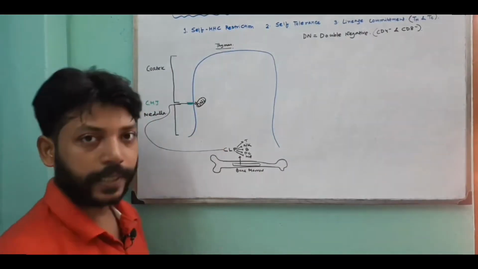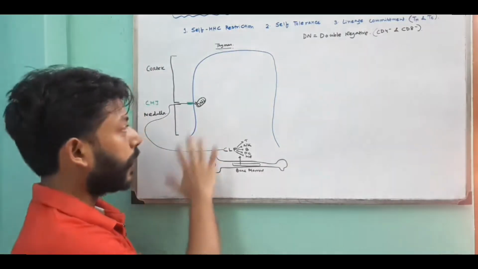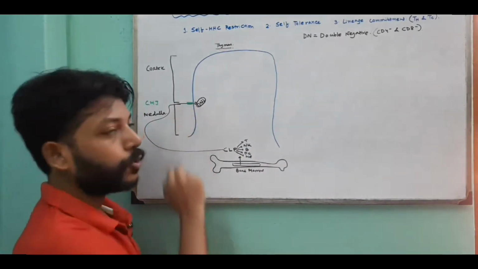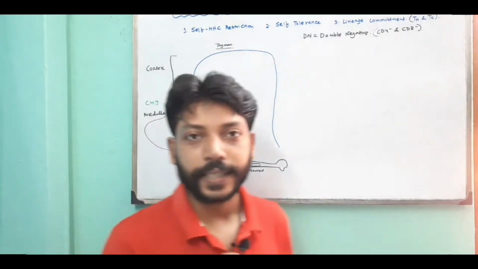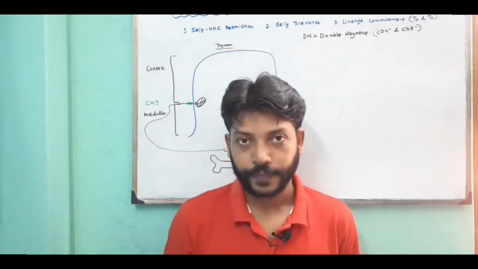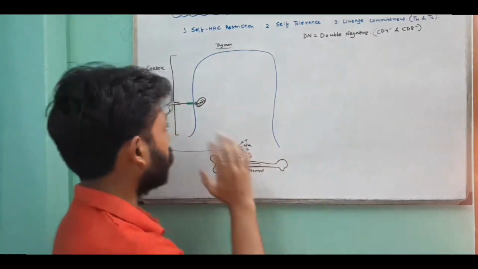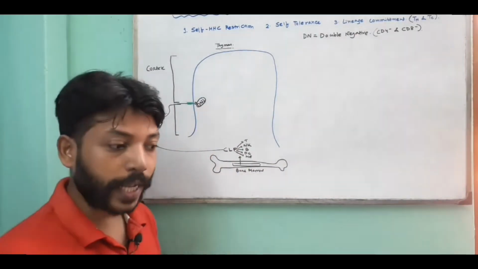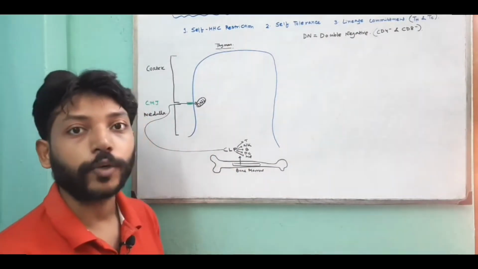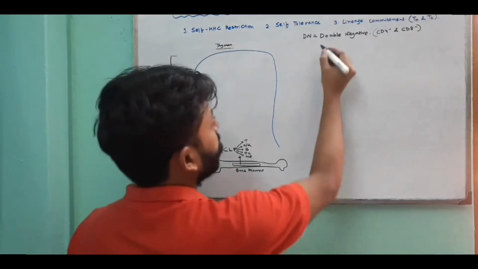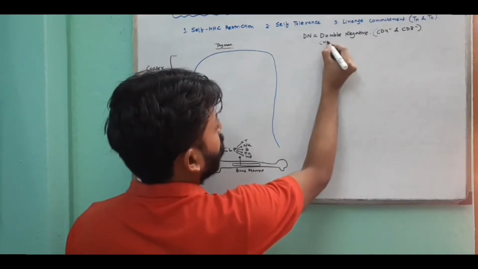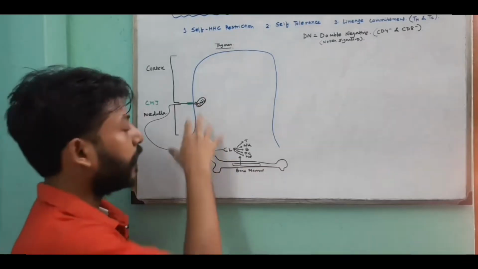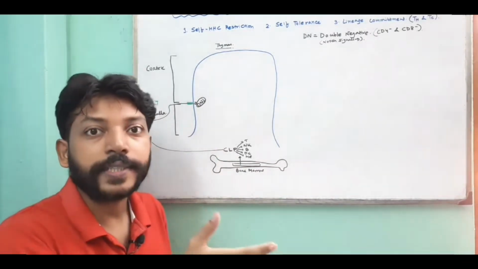The DN1 cells that enter into the thymus are not yet fully committed, but when this cell enters into the thymus, epithelial cells have notch ligand, and that starts a signaling process called notch signaling in the DN1 cell, so that the cell now starts to commit towards the T cell. So notch signaling is very important for double negative cells, because by this notch signaling this cell starts to commit towards the T cell lineage.